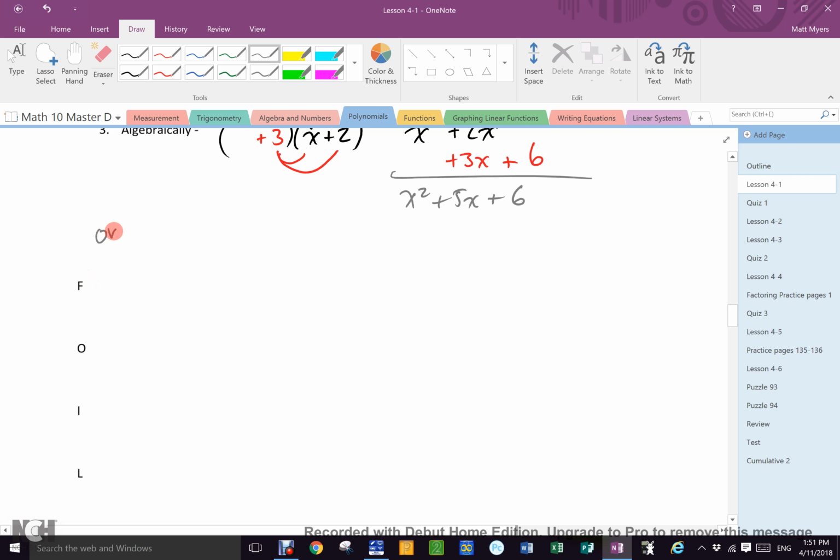FOIL only works for binomial times a binomial. Is it possible to have a polynomial bigger than 2 terms? Yeah. So this little rule is great for one situation and one situation only. Yet math teachers take a year on that.